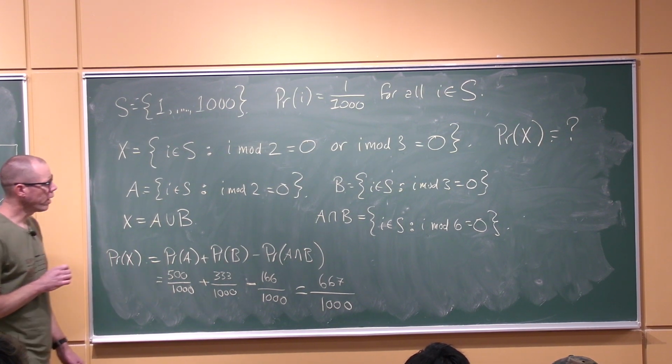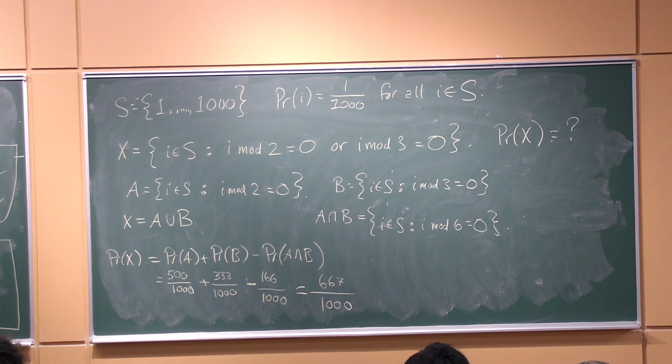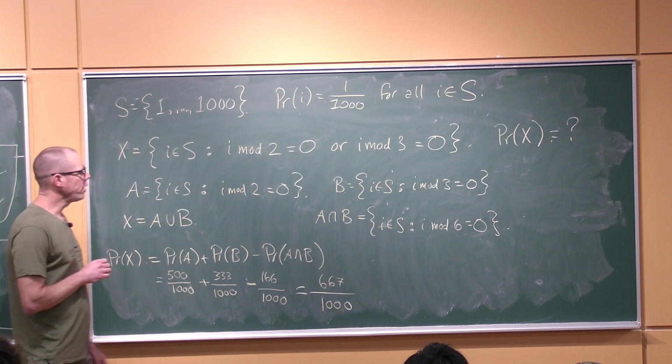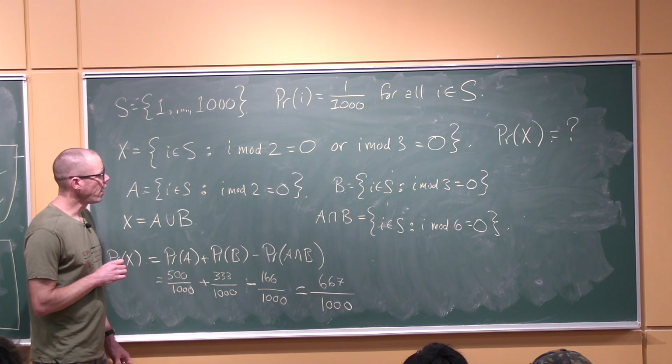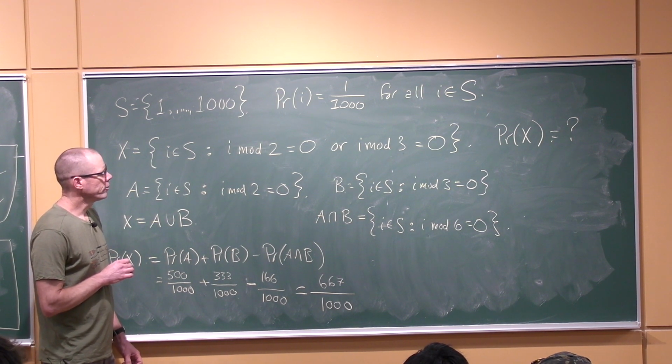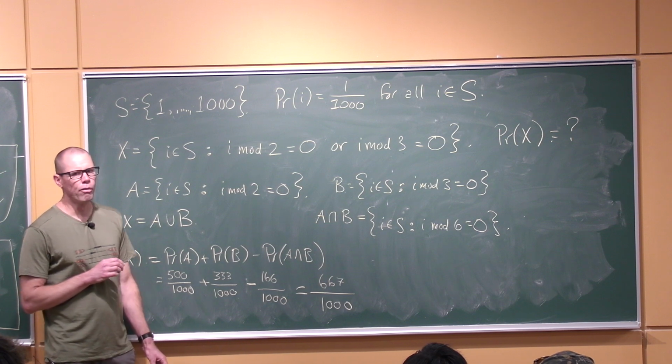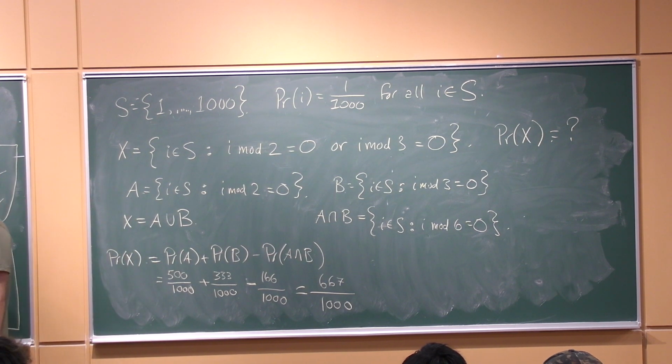So if I said, how many are divisible by 2 and how many are divisible by 12? It would be a different story. You'd have to be more careful, right? Because in fact, then it's just how many are divisible by 12, because everything that's divisible by 12 is also divisible by 2.